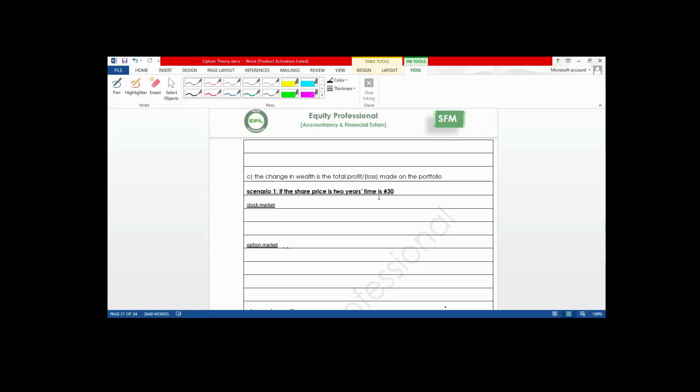I want to hear from the class. Today, share value is 60 naira. If in 2 years' time, share value happens to be 30 naira, what has happened to your investment value?